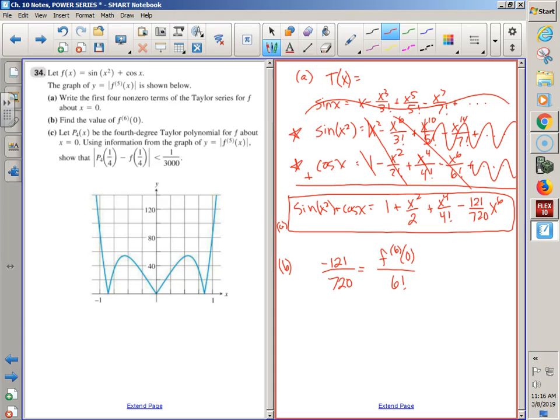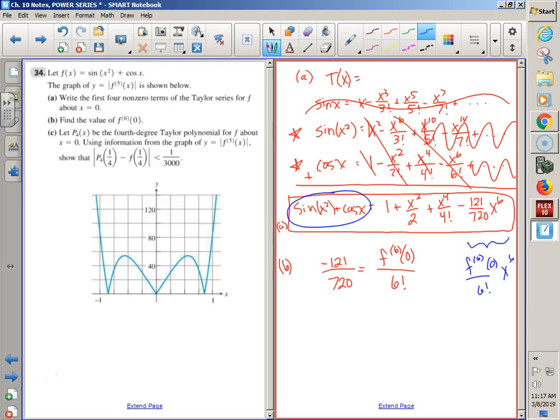She would have done it the long drawn out way, and she would have ended the 6th derivative being this term. Because remember our Taylor polynomial? This term right here would have been the 6th derivative of this function at 0 all over 6 factorial times x to the 6th. Now, we were able to skip here.